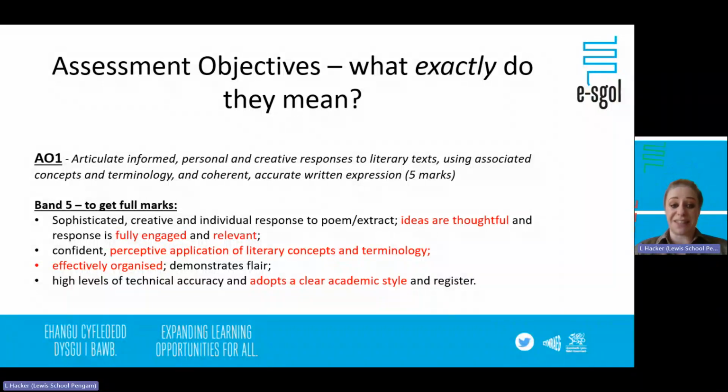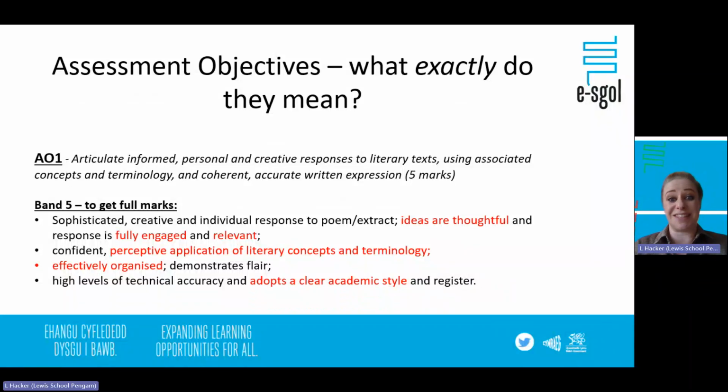So we can break that down into 3 separate parts. First is informed response to the literary text. Second is using concepts and terms. Okay, so you are marked on your use of terminology, correct terminology, and the application of that terminology in this question. And then coherent, accurate written expression.